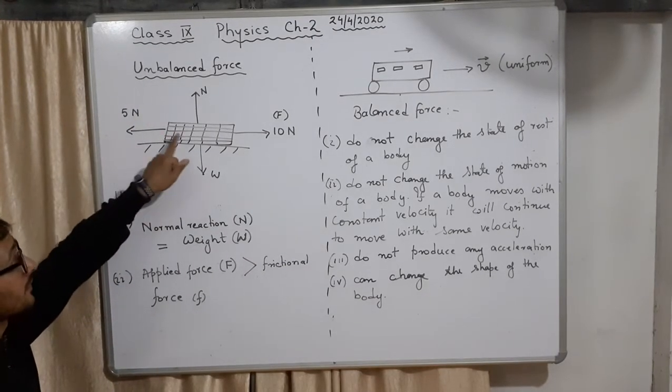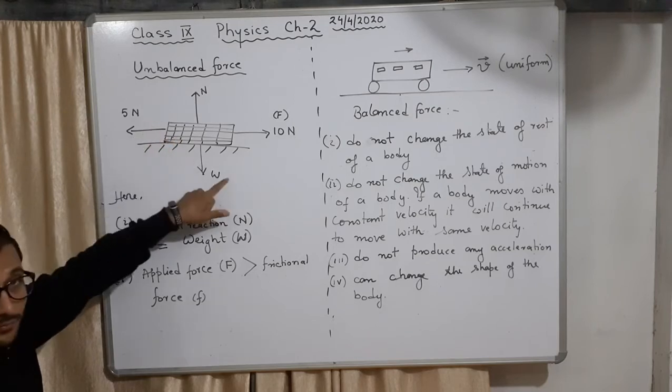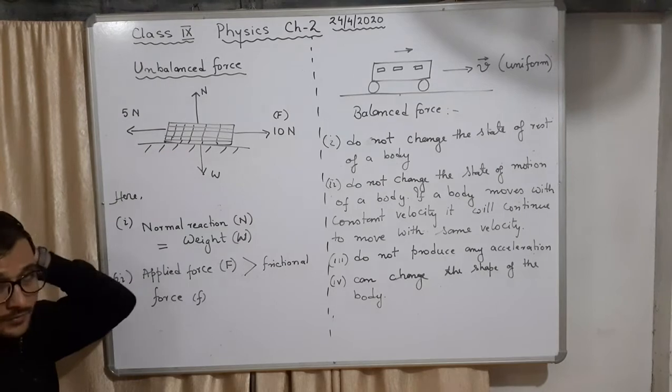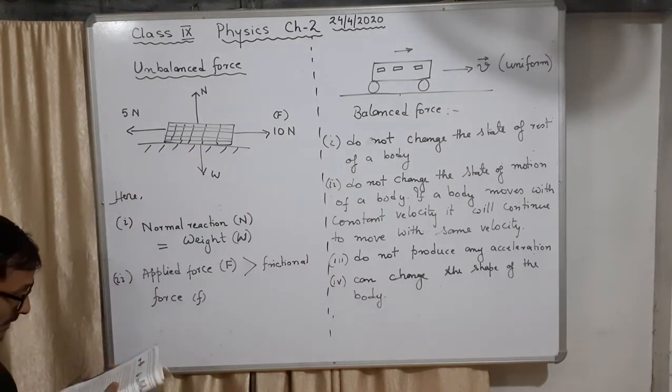Unbalanced force makes a resting object move. Earlier, remember, it was not moving. When I applied a force more than the friction, it started moving. This is an example of unbalanced force.